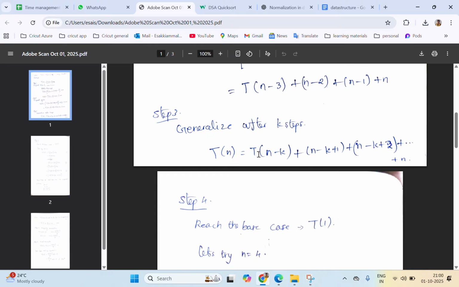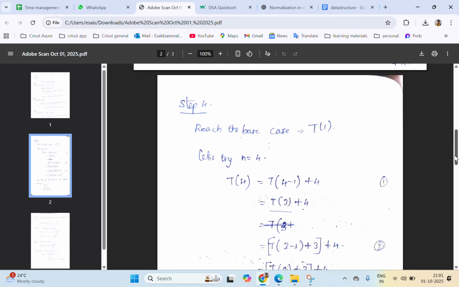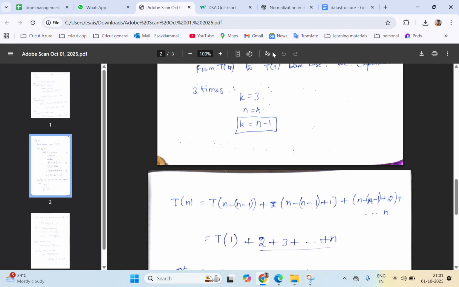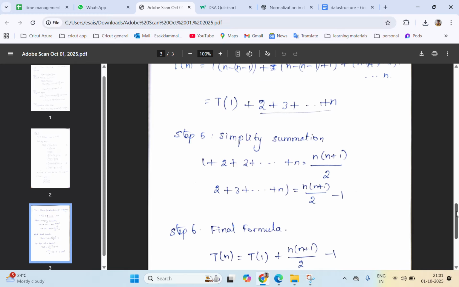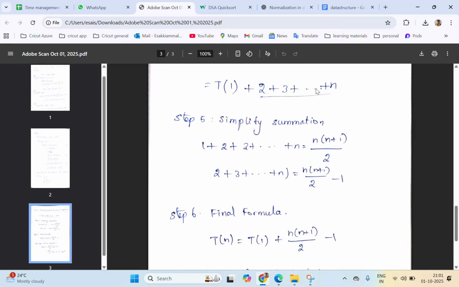Instead of k, we put n-1, so T(n-k) becomes T(n-(n-1)). n minus n is 0, and minus into minus gives plus 1, so it becomes T(1). Likewise we get T(1) plus 2 plus 3 plus up to n. So we can see that this equation is a sum of natural numbers.